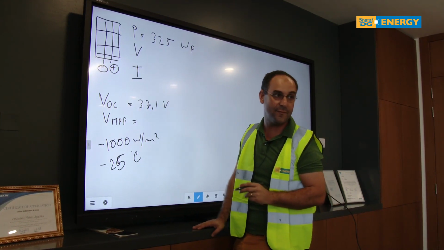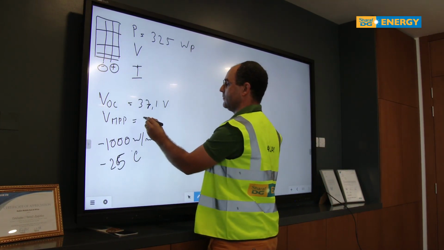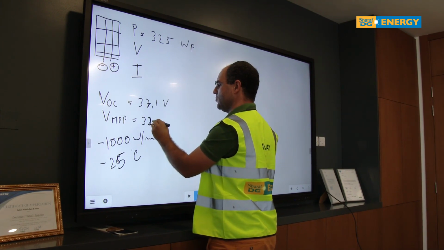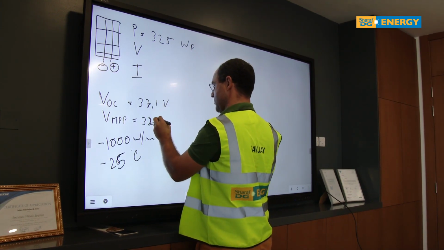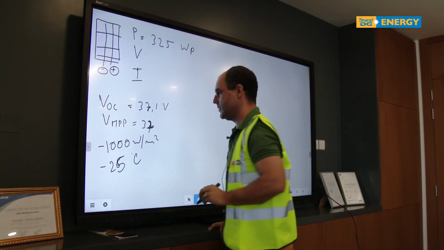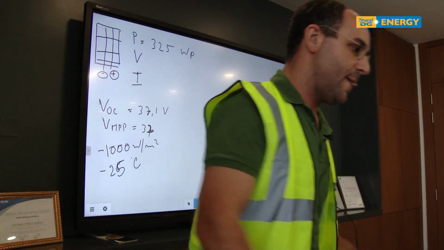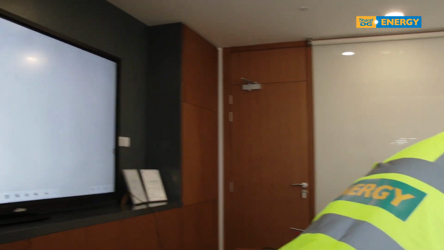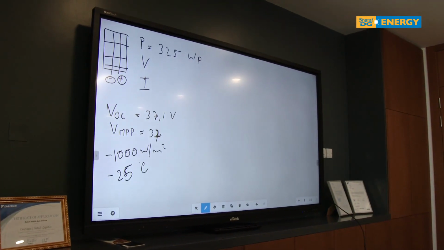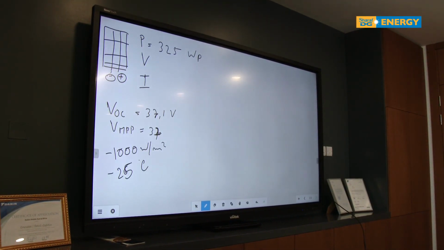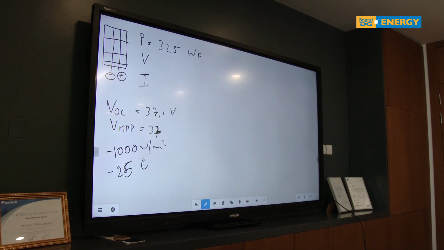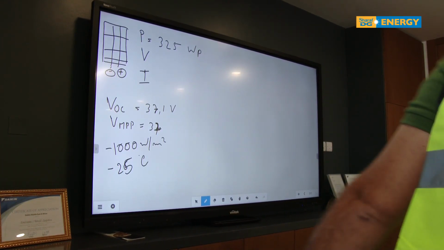And the VMPP? 37.2. 37.2? Yeah. Should be lower, no? And we have two more columns, the 37.3 and 37. Only these things. So this 37.1 is the VMPP, and this one here, 45.8.